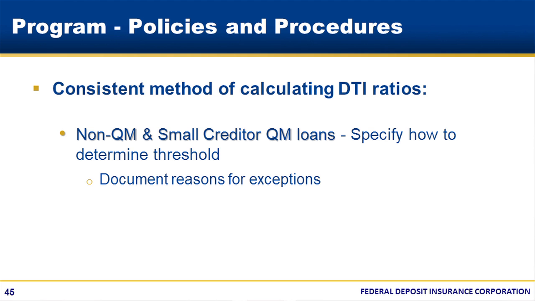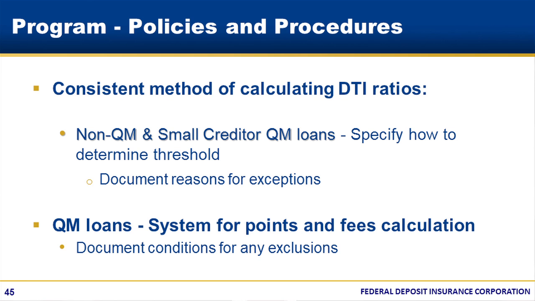They should also include a consistent method of making the calculation. Exceptions are permissible, but the reasons for exceptions should be documented. Remember, you have to calculate the payment you use to make your ability to repay determination using the assumptions prescribed in the rule. That may mean underwriting to a different payment than the note itself calls for.